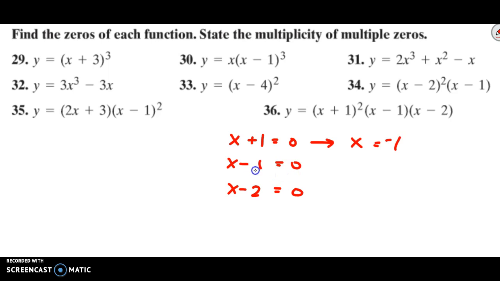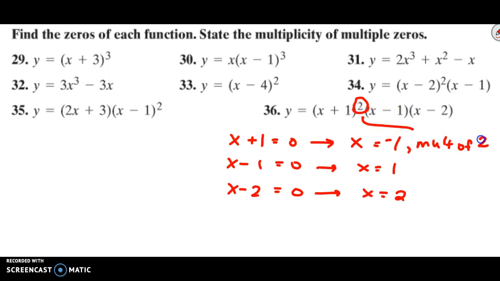And then we add 1 for this one, so then x equals 1, add 2, so then x equals 2. These are the zeros. However, one of these expressions was repeated. We have x plus 1 squared. So that means for that zero, we have a multiplicity of the power, so that would be in this case 2.